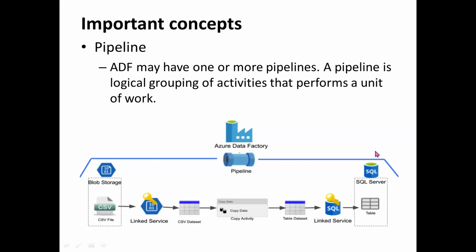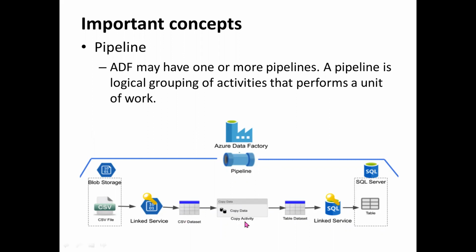Activities can be n number, not limited to one. And pipelines also you can create n number based on the need and the use case. You said that a pipeline either executes completely or fails completely. So if just the copy activity fails, does it mean the whole pipeline will fail?